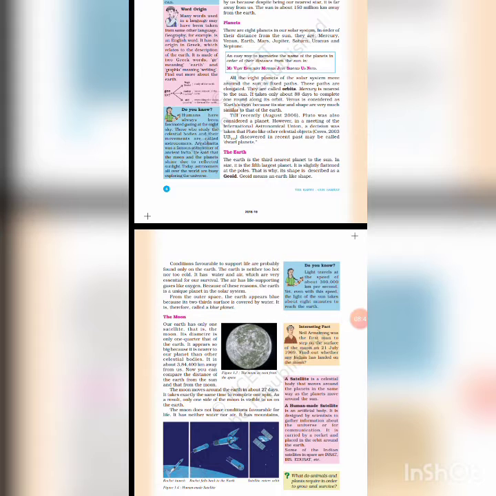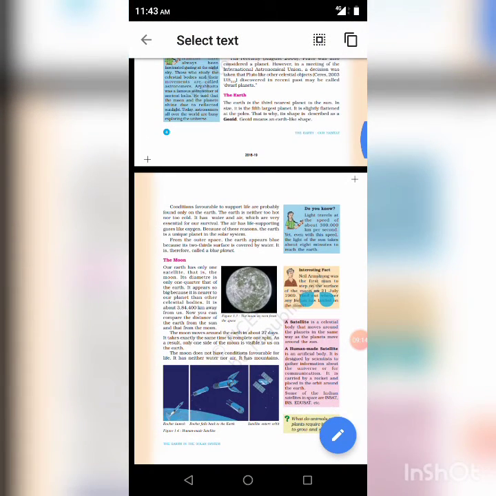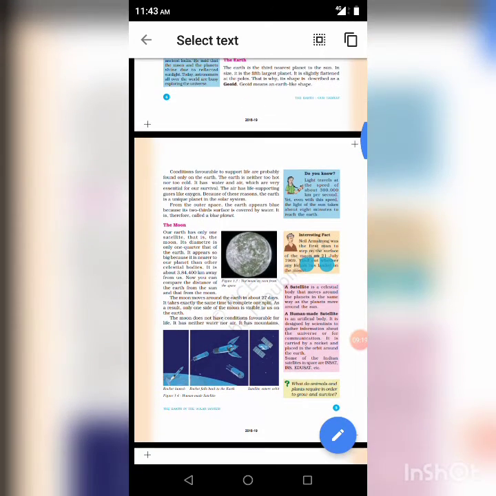It has water and air, which are very essential for the survival of living organisms. The air has life supporting gas like oxygen. From outer space, the Earth appears blue because two-thirds of its surface is covered by water. It is called a blue planet.